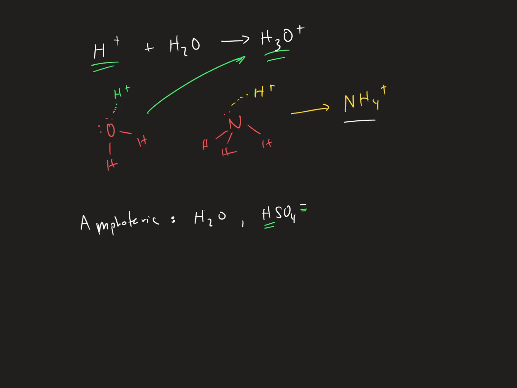But here we have a negative charge that could accept a hydrogen ion, a plus charge, and that's what tells us it's a base. But once it's sulfuric acid, H2SO4, then it would just be an acid, because it's no longer charged. So we could have HCO3 minus, H2PO4 minus. All of these are amphoteric. Are we good? Should we practice this before I move on?